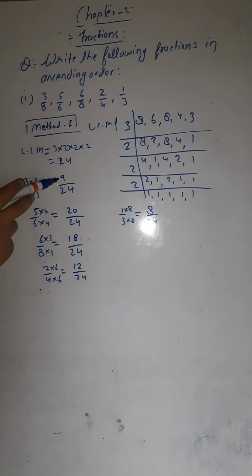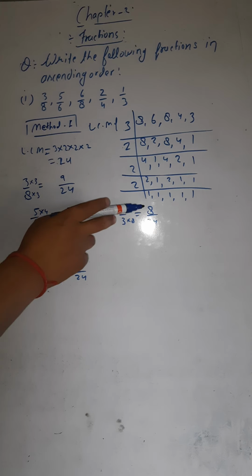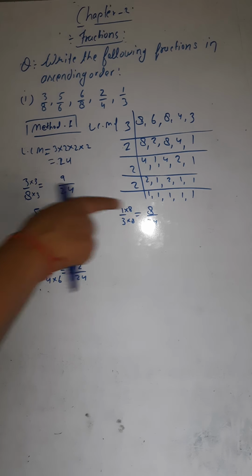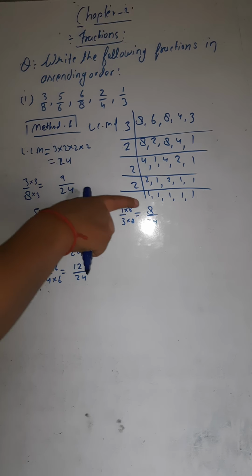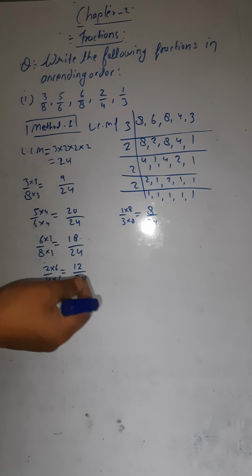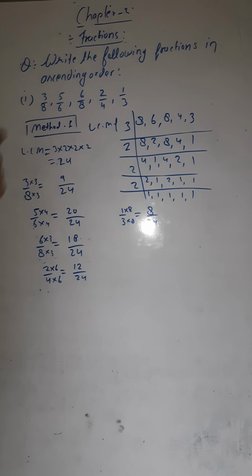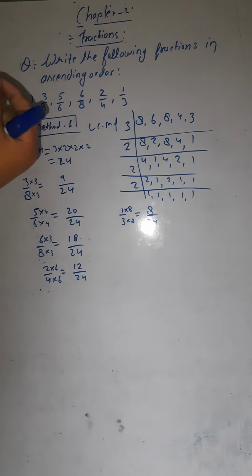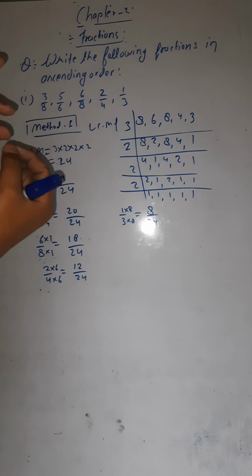Here 9, here 20, here 18, here 12, and here 8. So this is the least one. Ascending order means from smaller to greater we will move. At first the smallest one we write, then we move to greater, and at the last we write the biggest one.